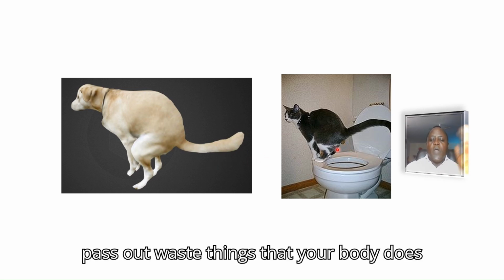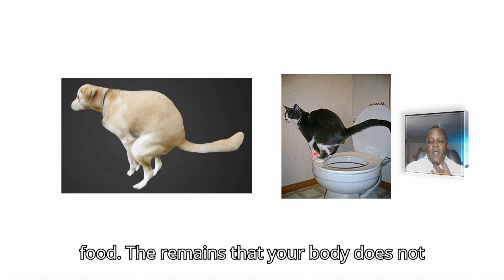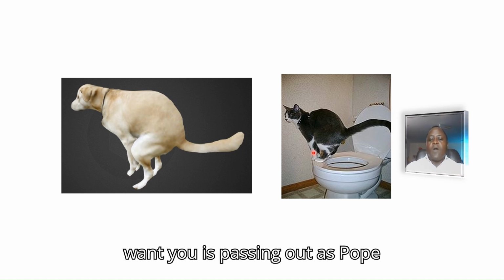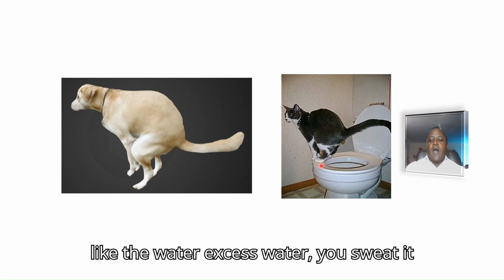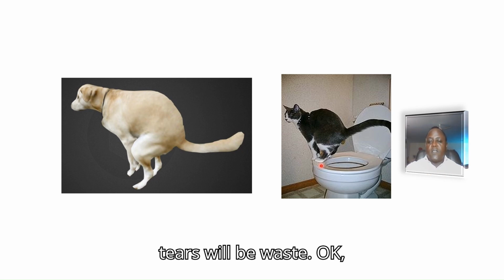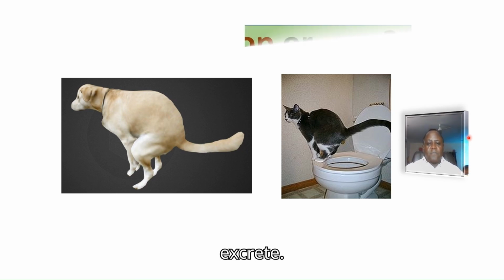You pass out waste, things that your body does not need. When you eat food, the remains that your body does not want, you pass it out as poop, excretion. Or you sweat, like the excess water, you sweat it out. Or your tears as well, your tears will be waste. Okay, you excrete. Living things do excrete.